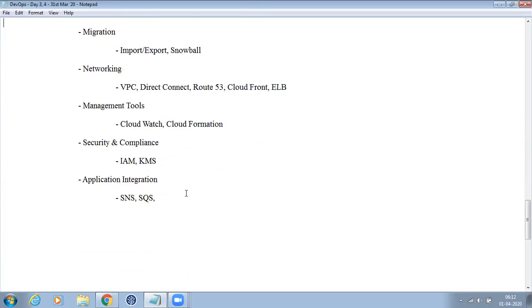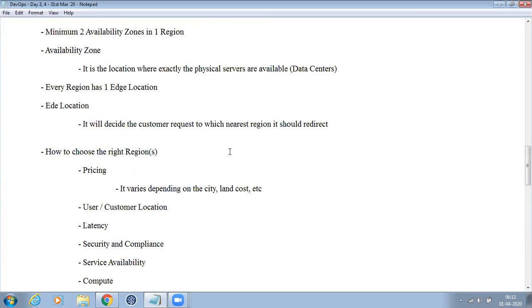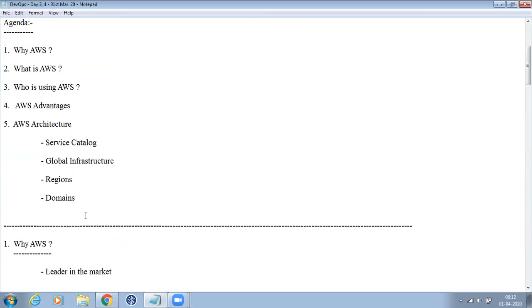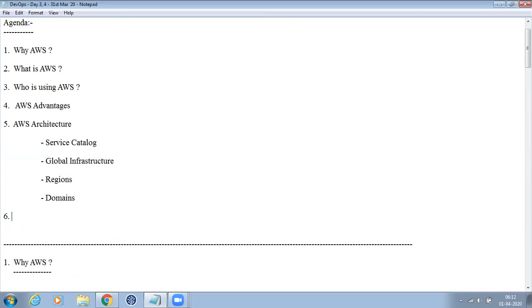Keeping that aside, I will list out some of the services. Let me add it here, or I can say core services of AWS.